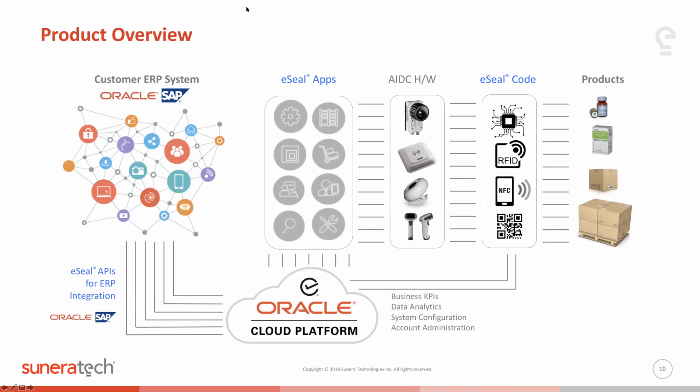So in other words, you're moving away from human data entry into ERP into a paradigm of allowing eSeal to update the ERP in real time, accurately, with a lot of traceability information attached.